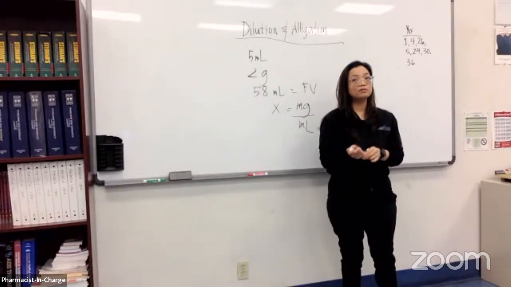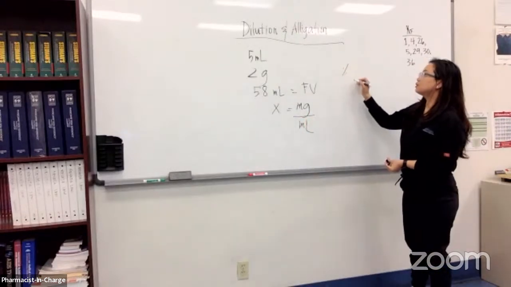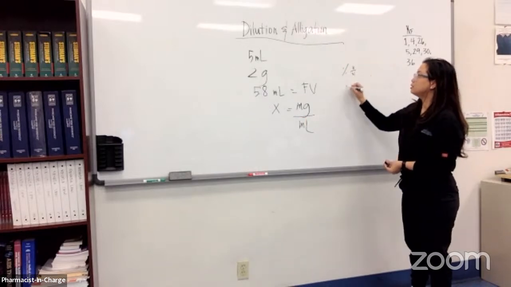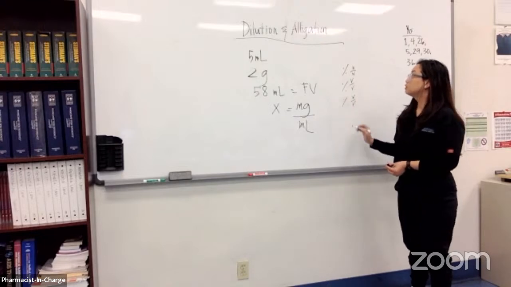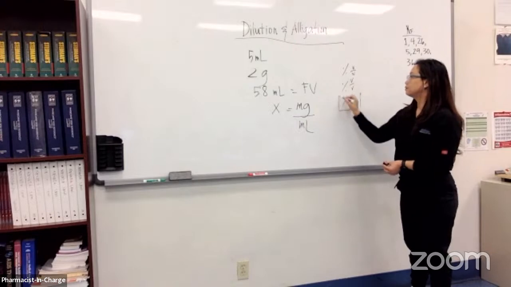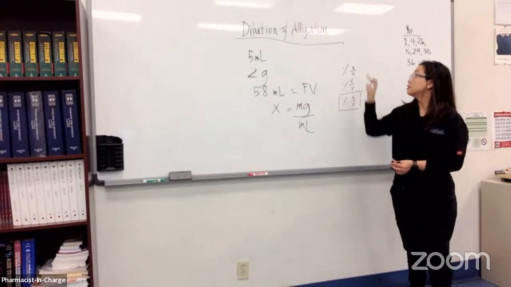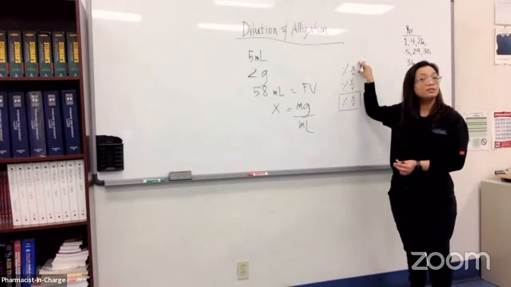Let's go back and review percentage. Percentage will always be weight over weight, or volume over volume, or weight over volume. The most common one is weight over volume. Weight over weight is used for ointments, creams, semi-solids.